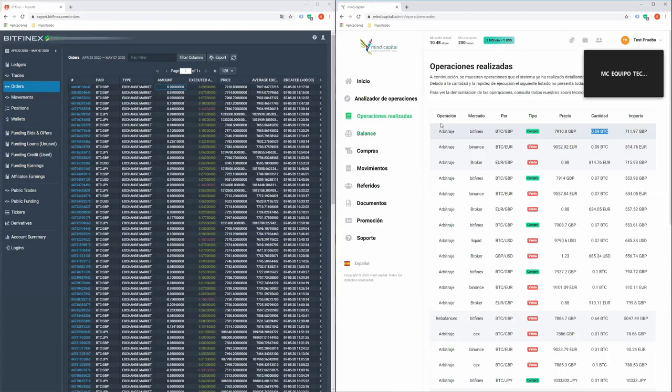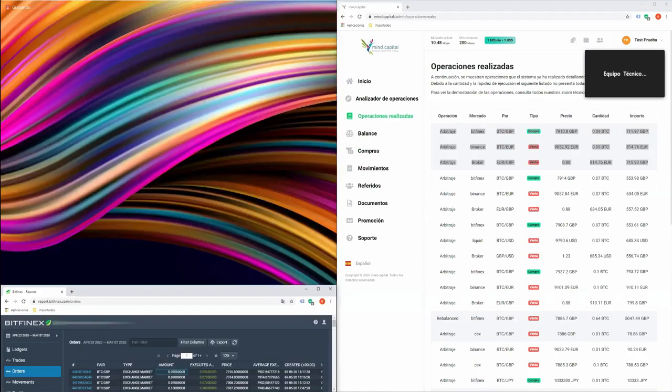I don't know if Frank wants to explain how this makes profits. Yes, it's very important. Here we can see the operation of an exchange account. We have more accounts in the same exchange. It's very important, these details.